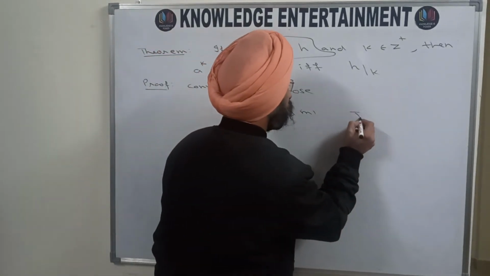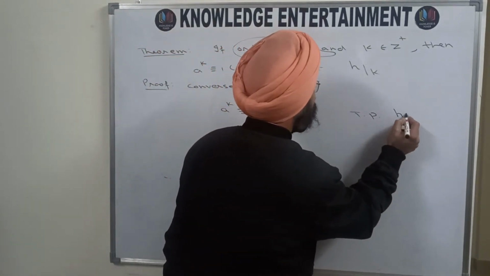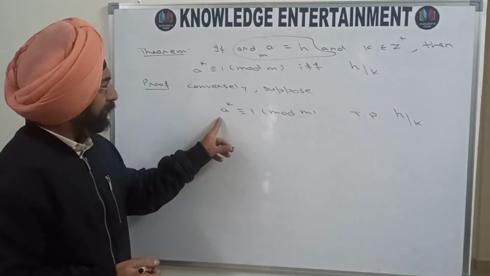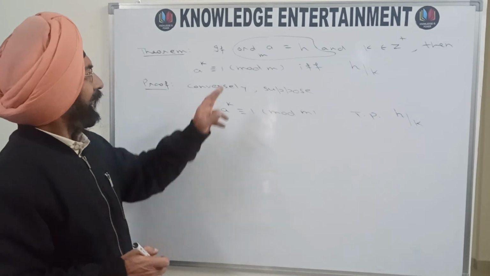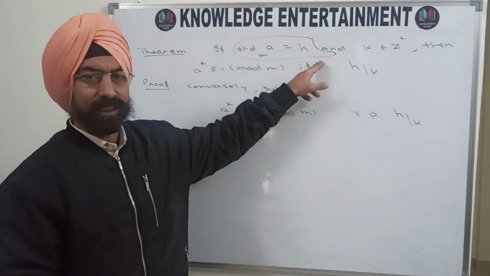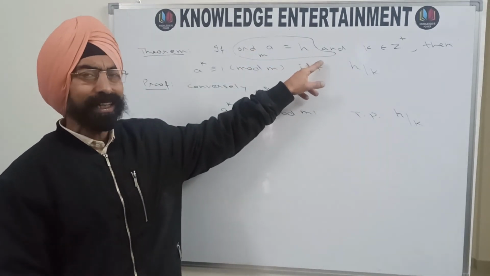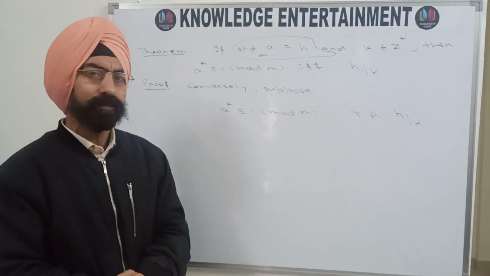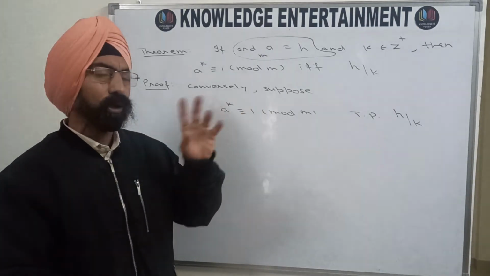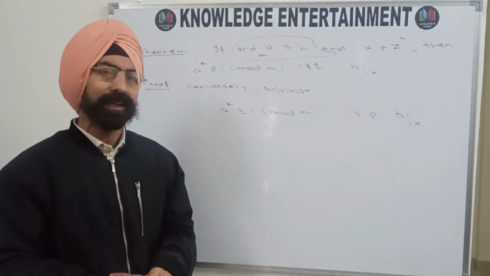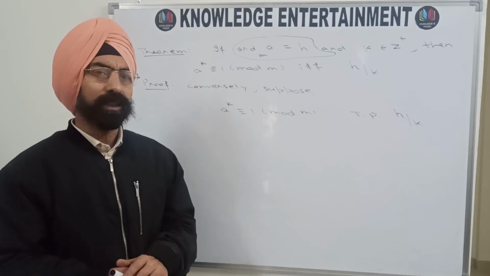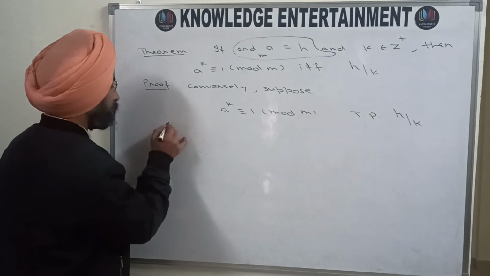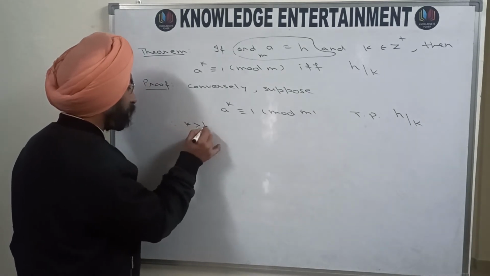We are to prove that h divides k. a power k is congruent to 1 modulo m, and the order of a modulo m is h. That means h is the smallest positive integer such that a raised to the power h is congruent to 1 modulo m. Also a raised to the power k is congruent to 1 modulo m. That means k must be greater than or equal to h, because a positive integer smaller than h cannot satisfy this condition.